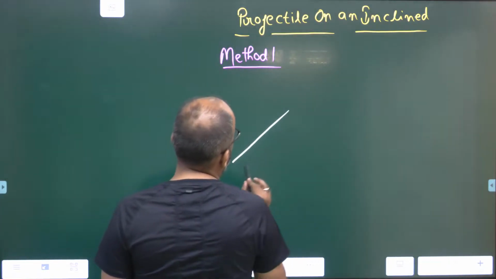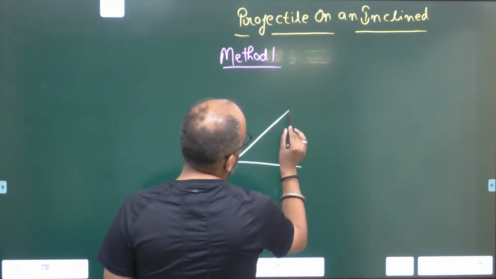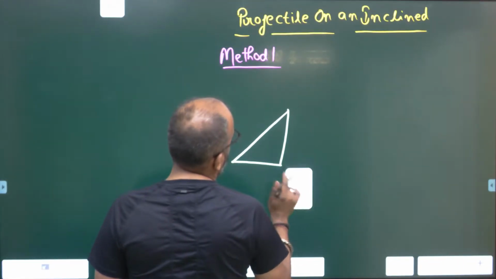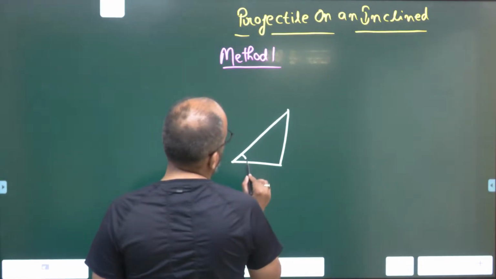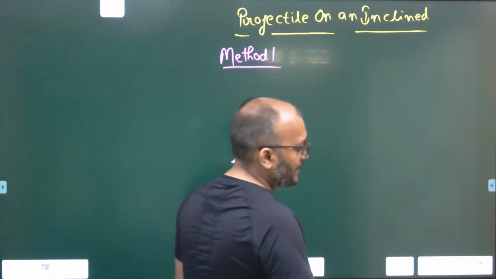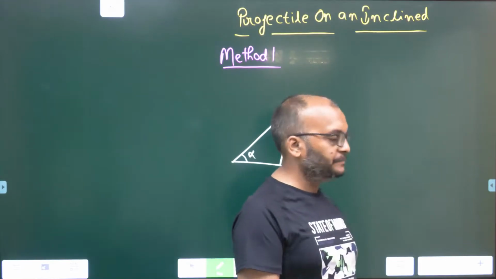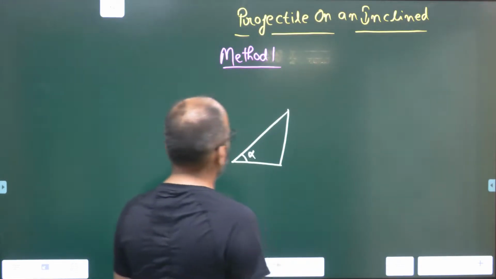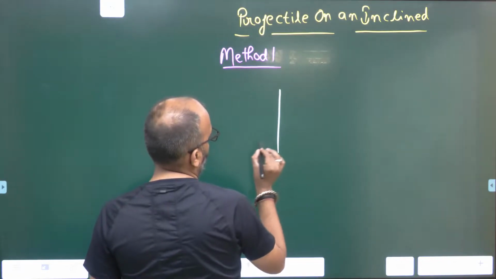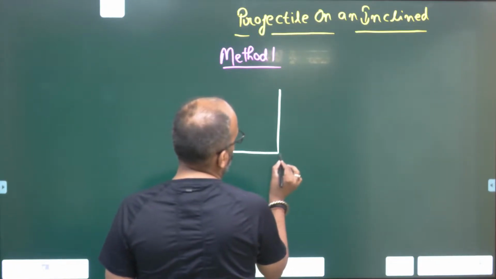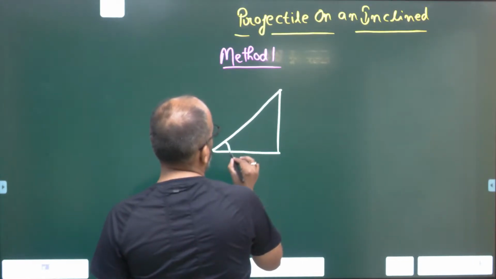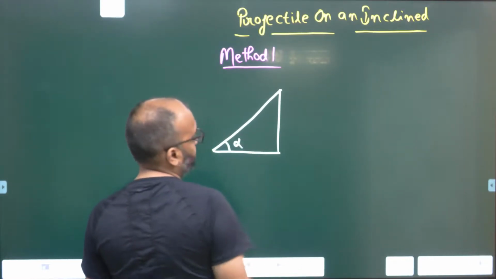Suppose this is my inclined plane. And this incline is alpha degrees from the horizontal. Okay. So alpha from the horizontal.